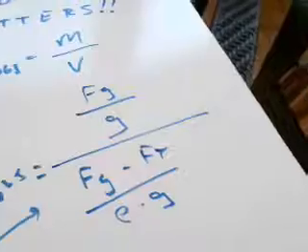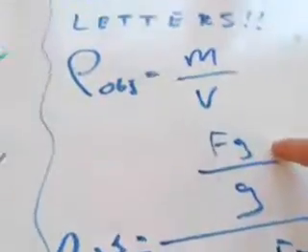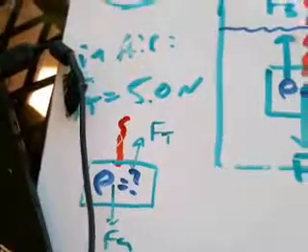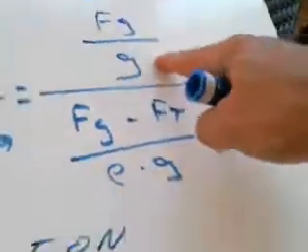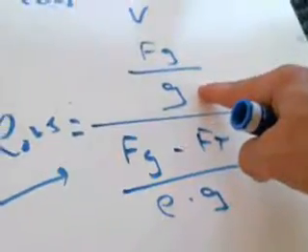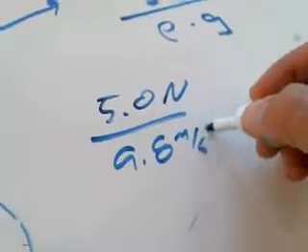But what we can honestly now do is start putting numbers in place, because this Fg, as we said earlier, was given in the problem: when it's hanging in air, the Fg is 5 newtons. So this Fg is 5.0 newtons. I'm going to divide that by g again, which is 9.8 meters per second squared.